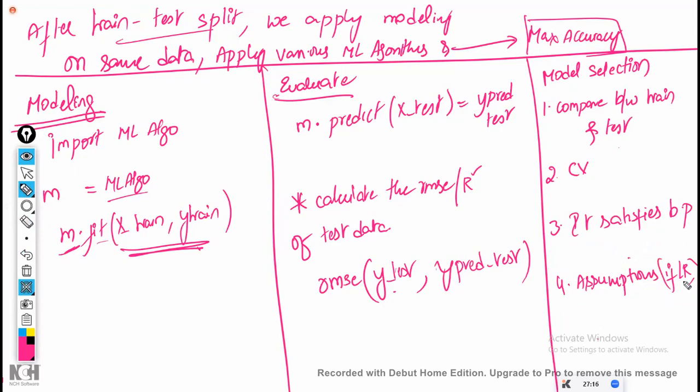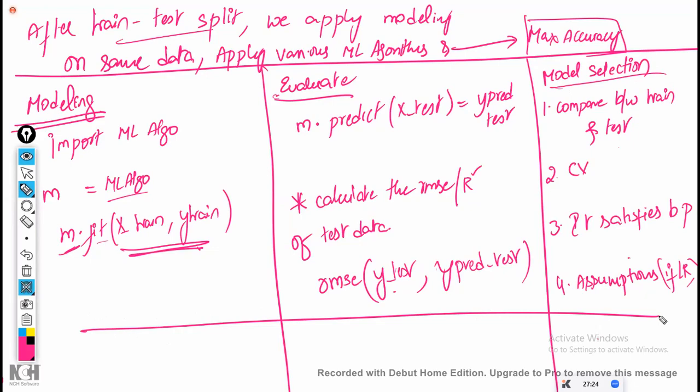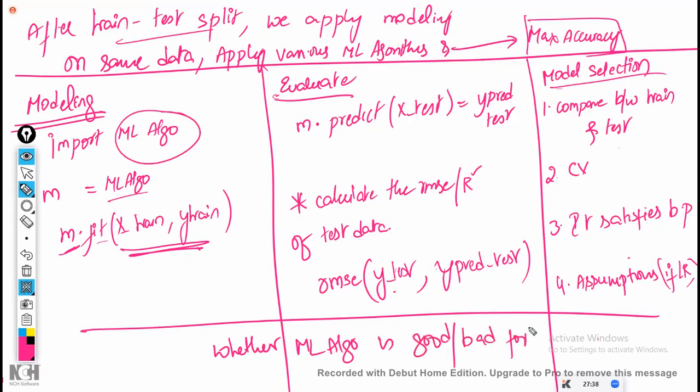For every algorithm, we are going to do the same. Once we have completed this, finally, we are going to conclude whether this ML algorithm is good or bad for the given data. In this way, we are going to conclude for every algorithm.